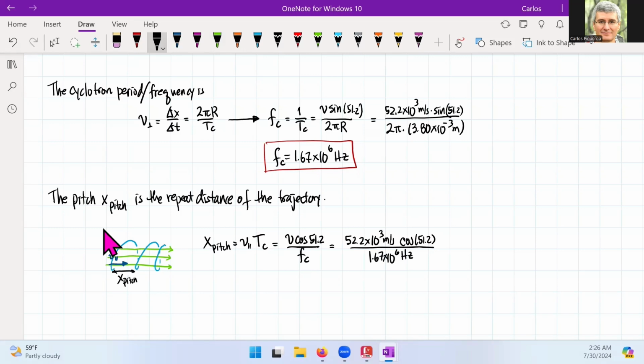And so when I compute this number, I get a numerical value of 19.1 times 10 to the minus 3 meters, which is also 19.1 millimeters. And this guy is x pitch.